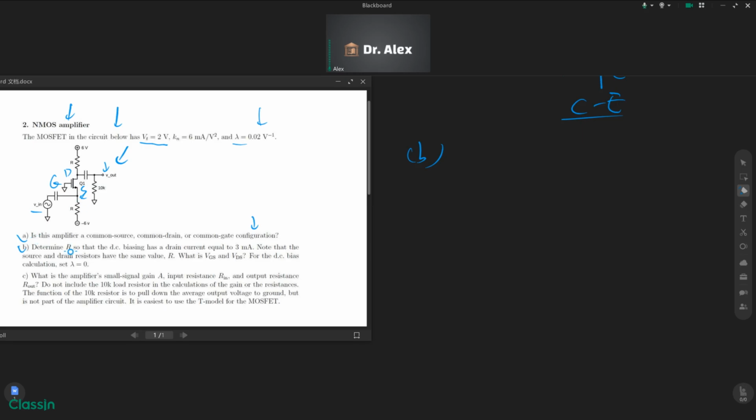It is asking us to calculate the value of R, with the condition that ID is 3 milliampere and lambda is 0.